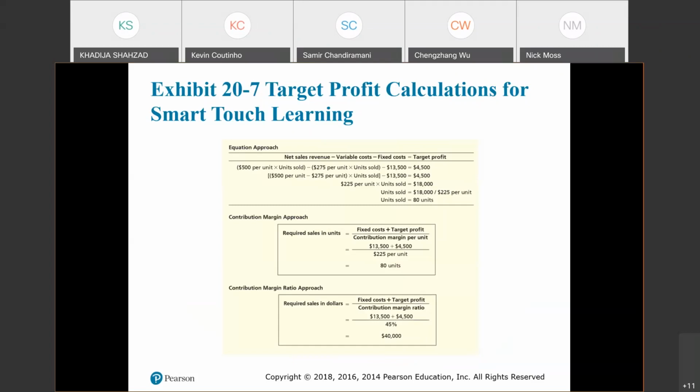First, using the equation approach, we can replace the target profit from 0 to $4,500. So we can get the unknown element, units sold, to be 80 units.